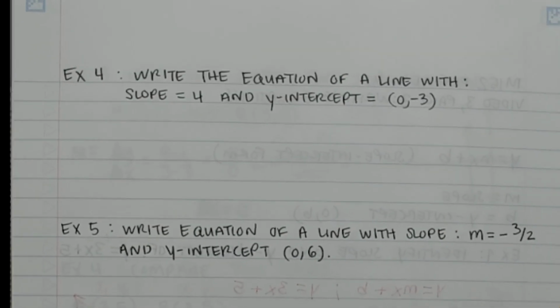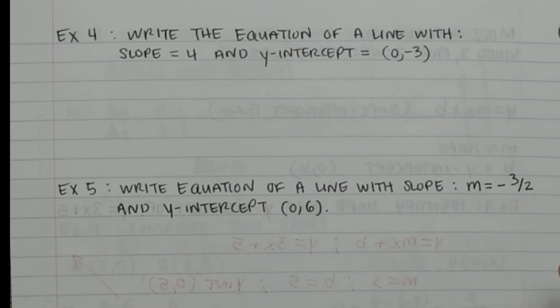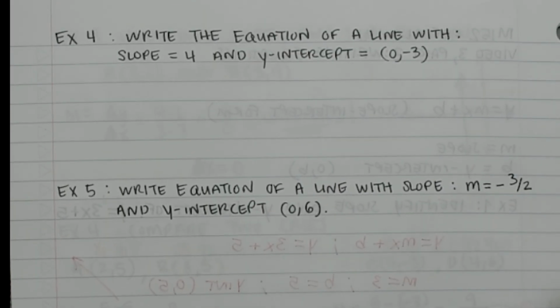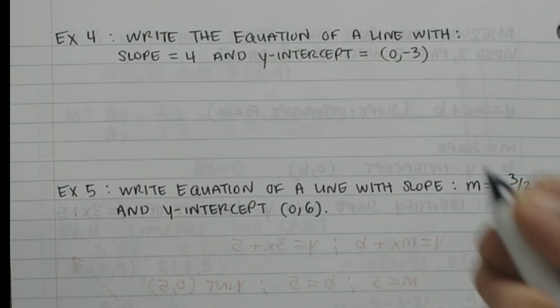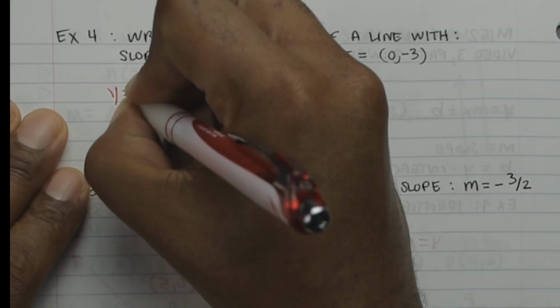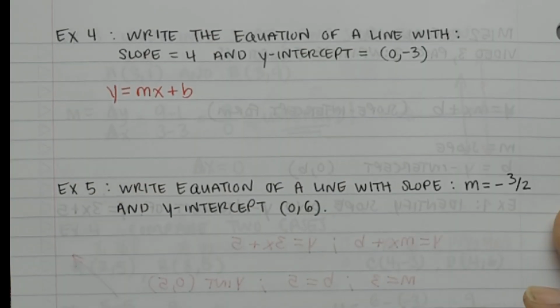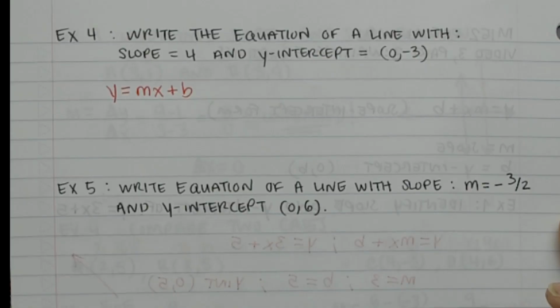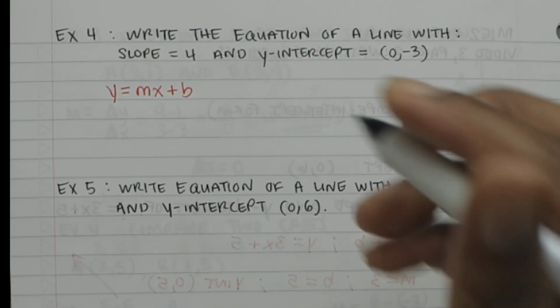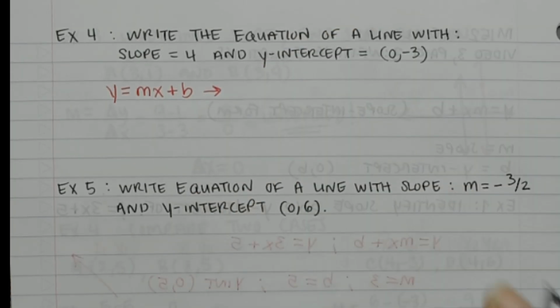Let's continue. Example number 4, write the equation of a line with slope equals 4 and y-intercept equals (0, negative 3). So first of all, I want to start with y equals mx plus b because we have the slope and we have the y-intercept. I want to start with that and I want to substitute the data that I now have.